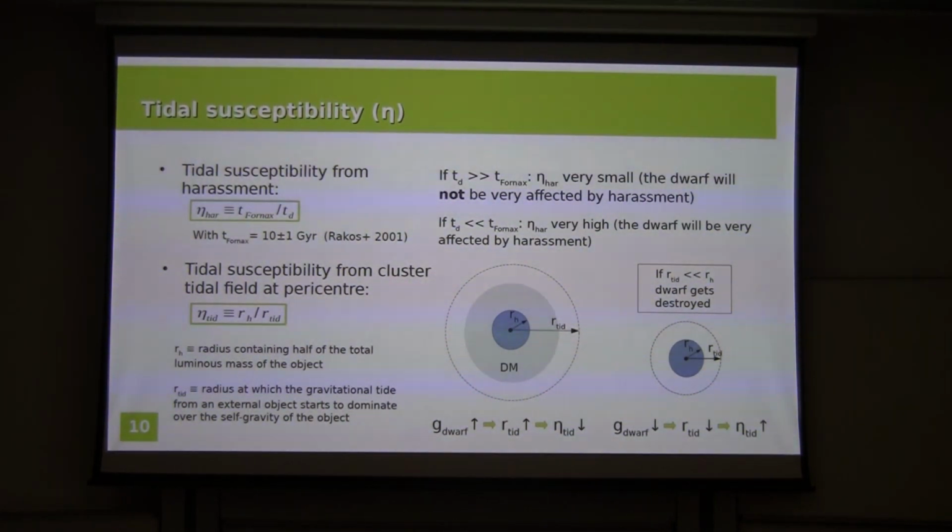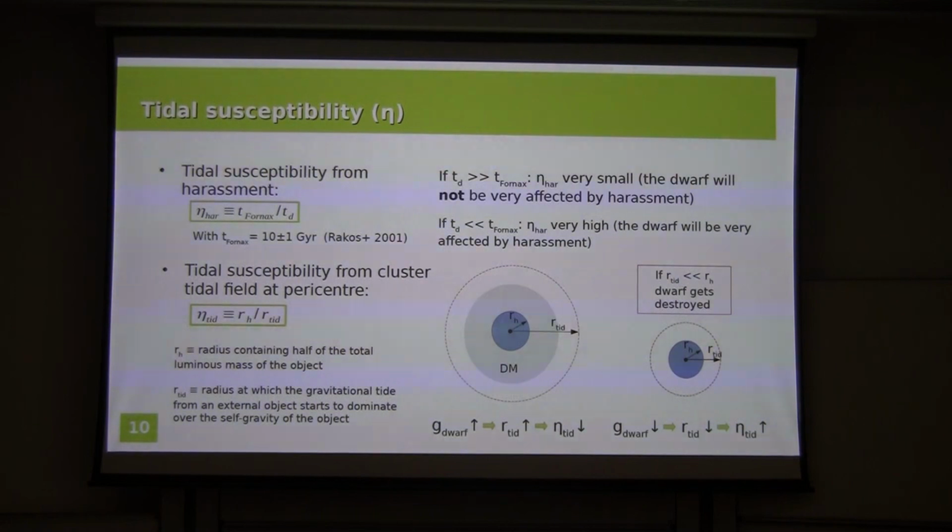In the opposite case, you could have this scenario in which your dwarf has very little self-gravity, therefore your tidal radius is going to be very close to the center, and therefore it's going to be very tidally susceptible. To the point where if your tidal radius is way, way smaller than your half mass radius, the dwarf is probably going to get destroyed.